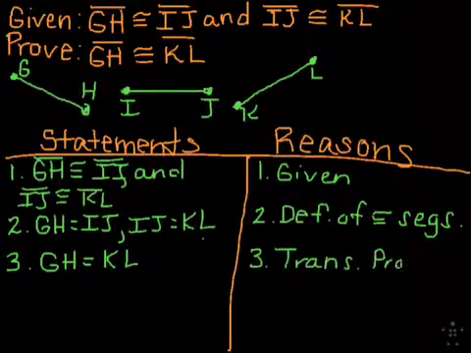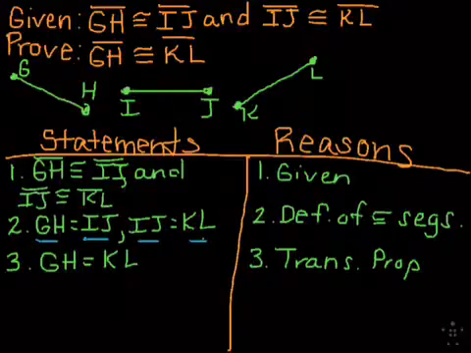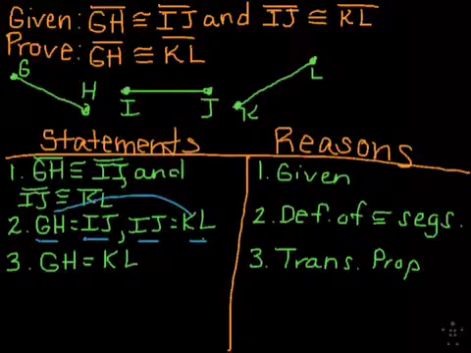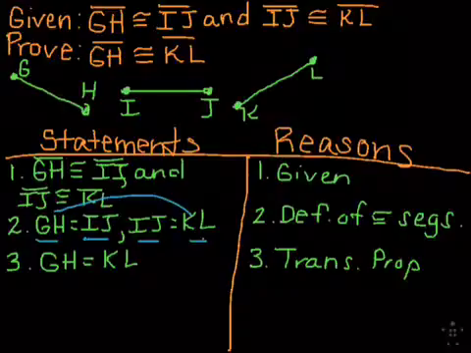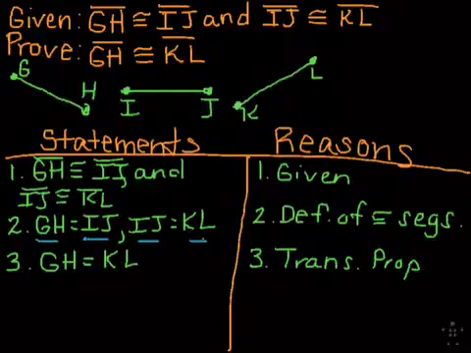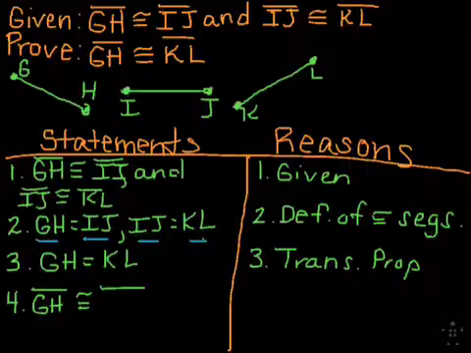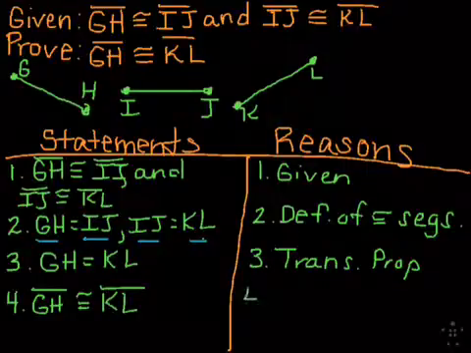The transitive property basically says if A equals B and B equals C, then A equals C. So I know that these two segments are equal to each other by the transitive property. So in the end, I know that line segment GH is congruent to line segment KL by the definition of congruent segments.